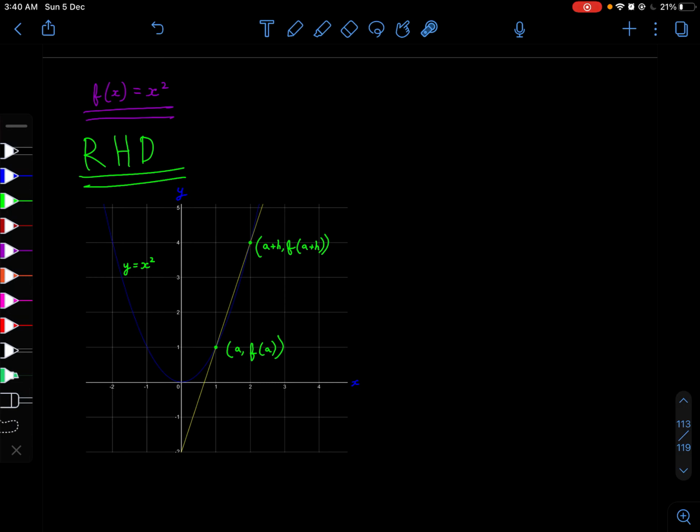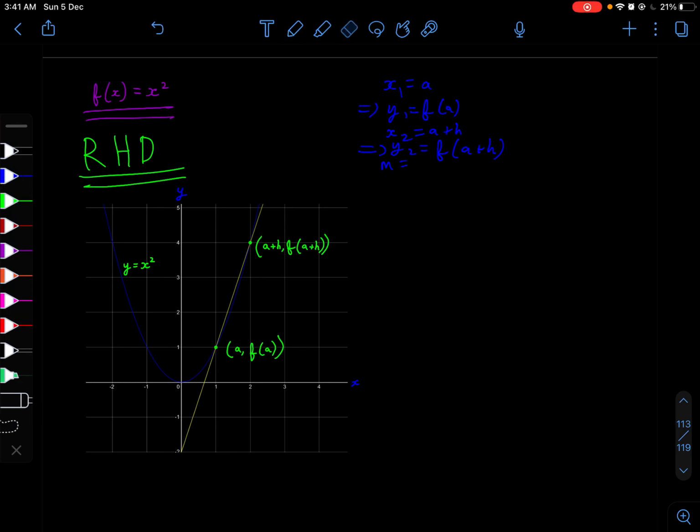So if we were to write the value of m over here, we first of all have that x1 equals a, so y1 equals f of a, x2 equals a plus h, so then y2 equals f of a plus h.